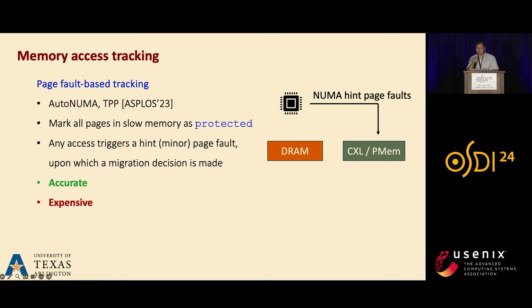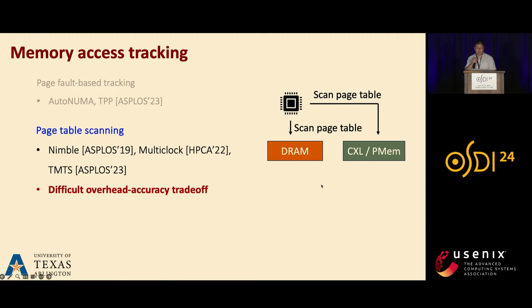If a page is deemed hot and in the active LRU list, it is migrated to the fast tier. Page fault-based tracking is accurate as it evaluates every page on slow memory for potential migration, but incurs high overhead due to frequent page faults. The minor page faults also disrupt normal program execution on the critical path of the user's data access.